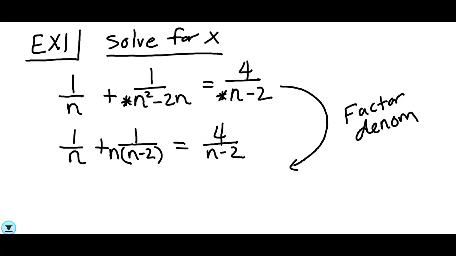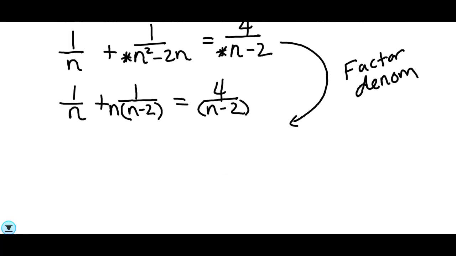Okay? So now we get to do the same thing we did yesterday. We're going to multiply everything by the denominator. So what denominator do you guys want to multiply by first? N minus 2. All right, let's do n minus 2 then. So the next step then will be to do n minus 2. So I'm just going to start multiplying denominators.